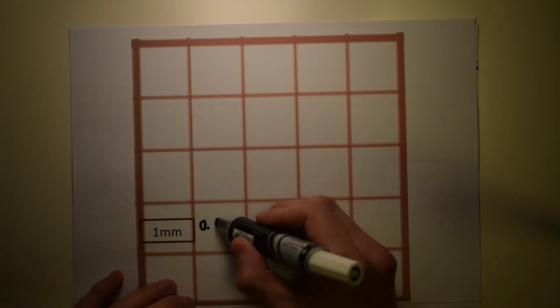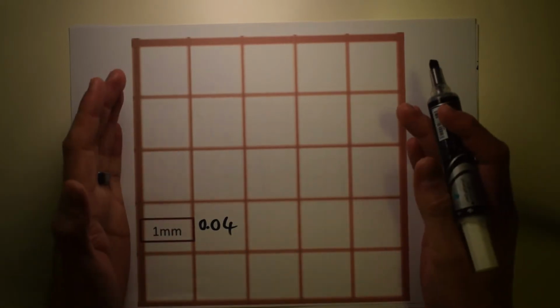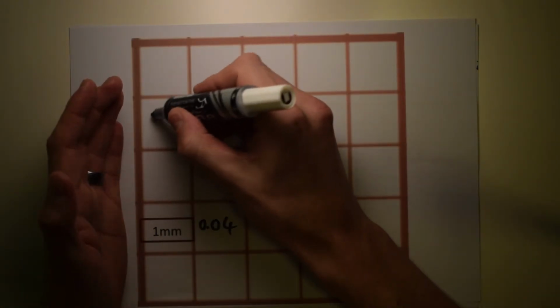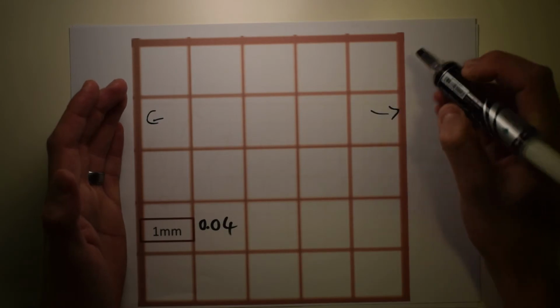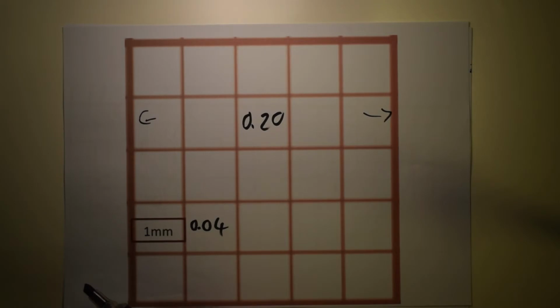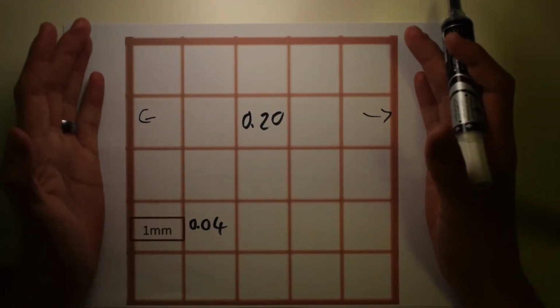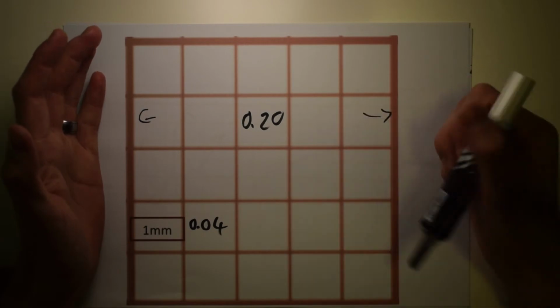So this whole line from there to there is 0.2 seconds. When you see a big block, you know it's 0.2 seconds, and each tiny little block is 0.04.